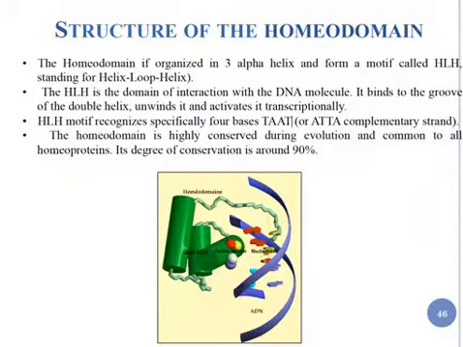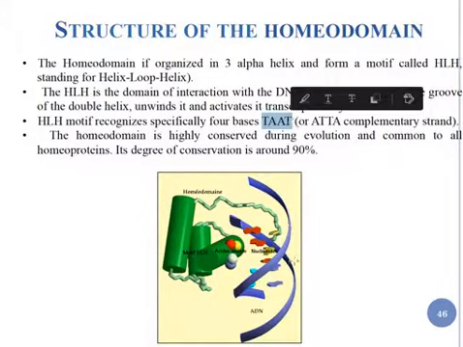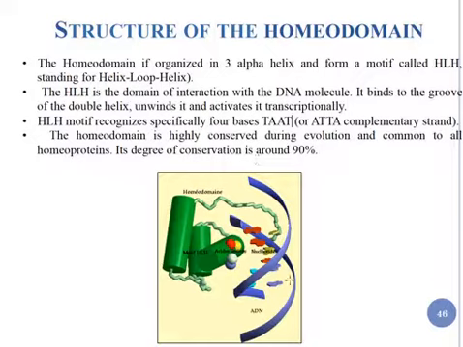What's important here is that this homeodomain always interacts with this sequence. So they cannot bind randomly to the DNA. They find this sequence at the level of the groove and they bind to it in order to induce the expression of target genes. And this homeodomain is highly conserved.